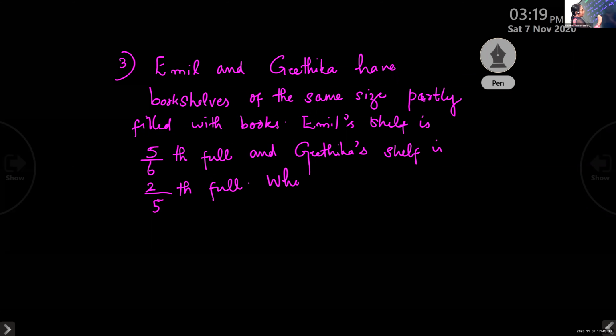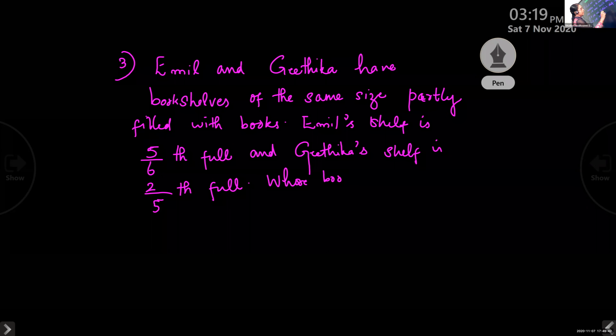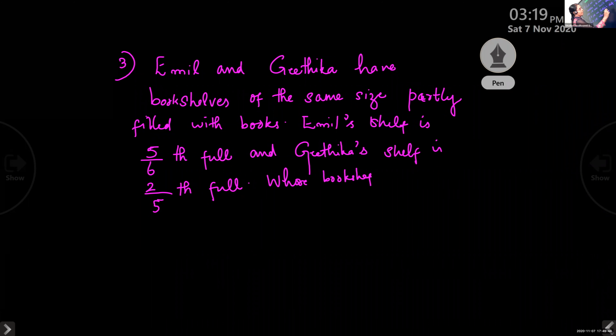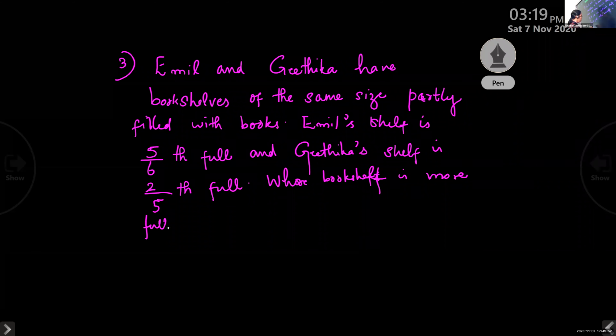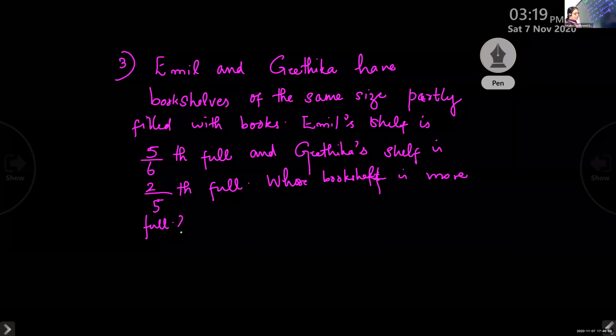Whose bookshelf is more full? By what fraction?